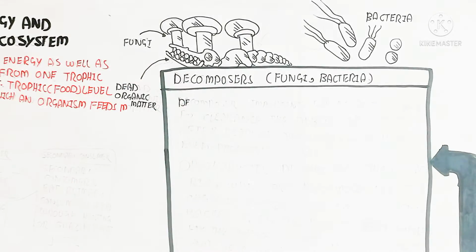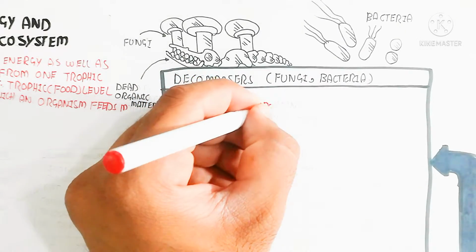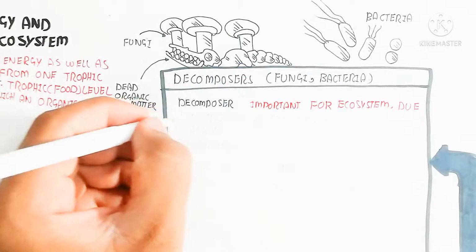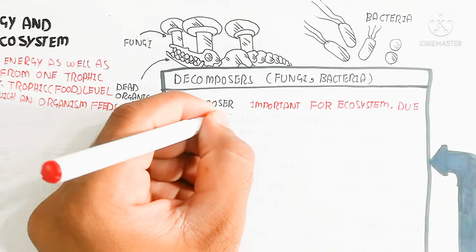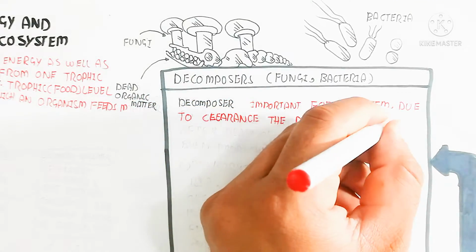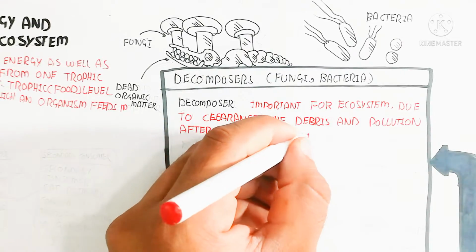Fungi play an important role in consuming decomposing matter and growing, while bacteria decompose the dead organic matter. So in this way, decomposers are important for the ecosystem for clearing the debris and pollution after the death of omnivores.